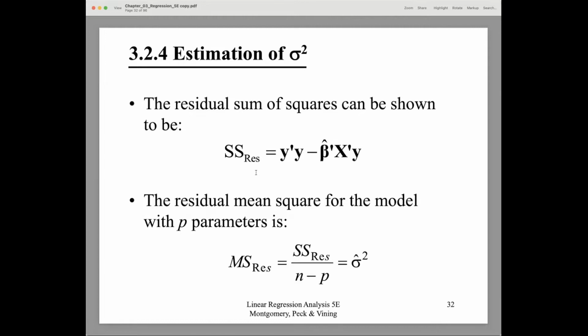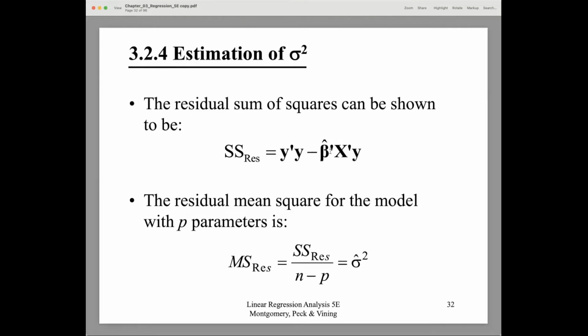One of the formulas that they provide for calculating the residual sum of squares is given here on this slide. It is the difference between the inner product of the observed response vector, in other words, y prime y, minus this expression, which is the inner product of the predicted y values and the observed y values.